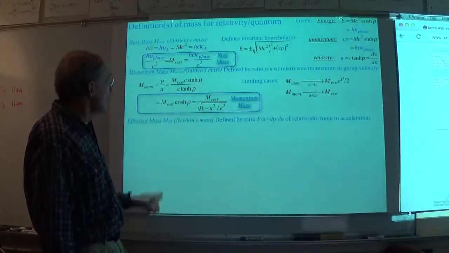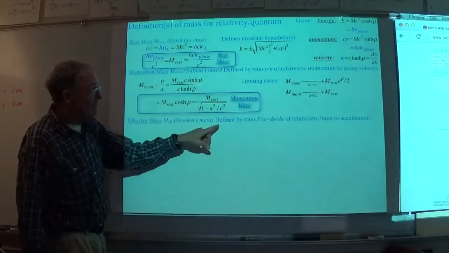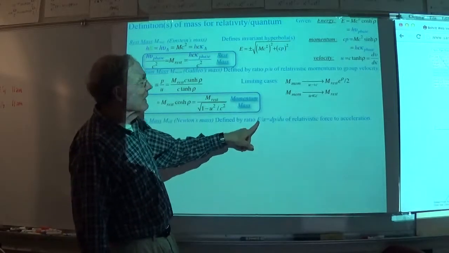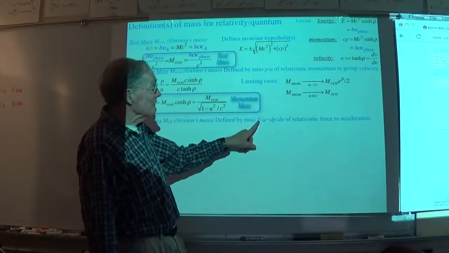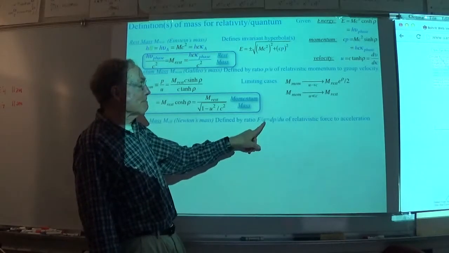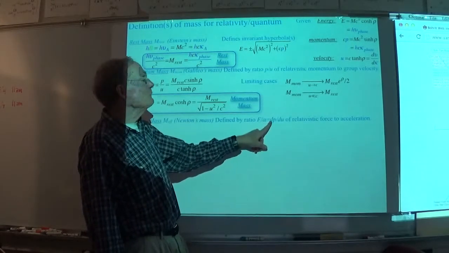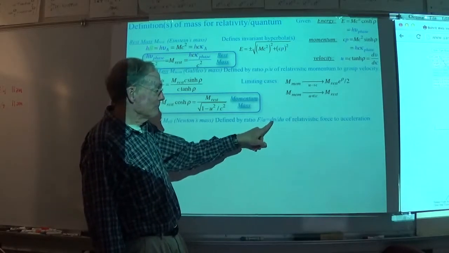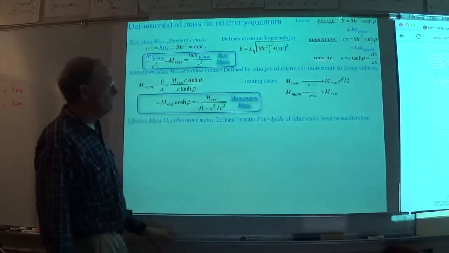Now, what about Newton's mass? It's defined by the ratio F equals ma, basically force over acceleration, which is the rate of change of momentum, dp du.